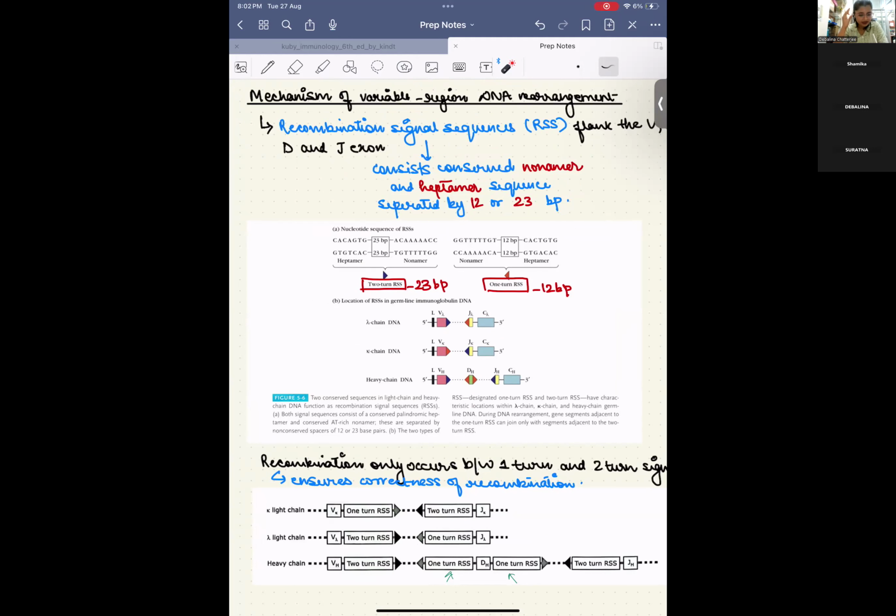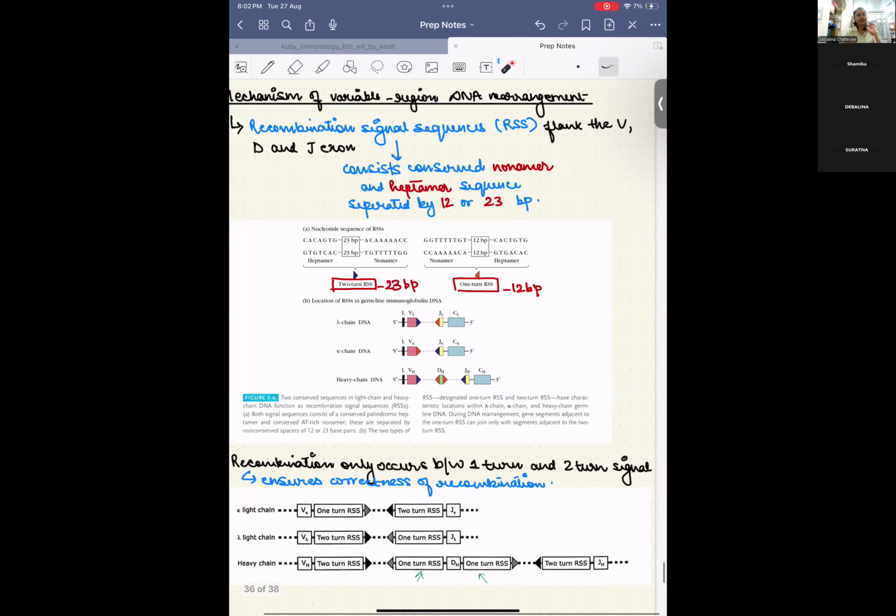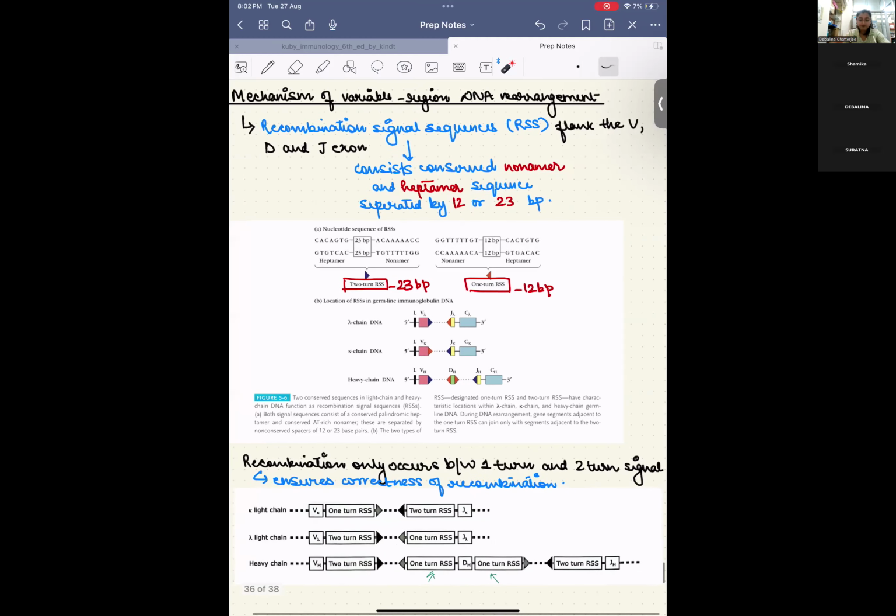Whenever we have a signal sequence, there is something called a consensus. Consensus means conserved. These words mean that in all the different cells, across the different phyla, you will have a conserved sequence. It's the same sequence of DNA nucleotide base pairs, arranged on either side of your V, D, and J exons, right?